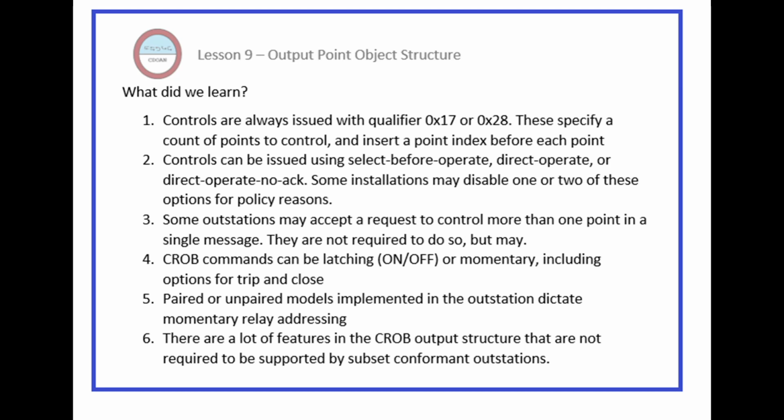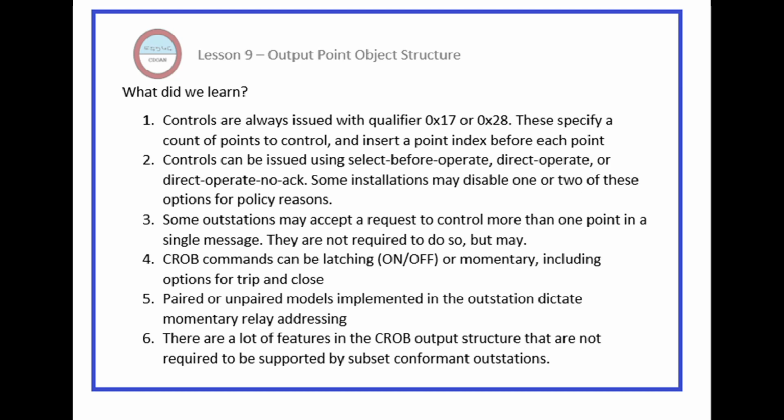Controls can be issued using select before operate, direct operate, or direct operate no ACK. Some installations may disable 1 or 2 of these options for policy reasons. Some outstations may accept a request to control more than 1 point in a single message. They are not required to do so, but may.